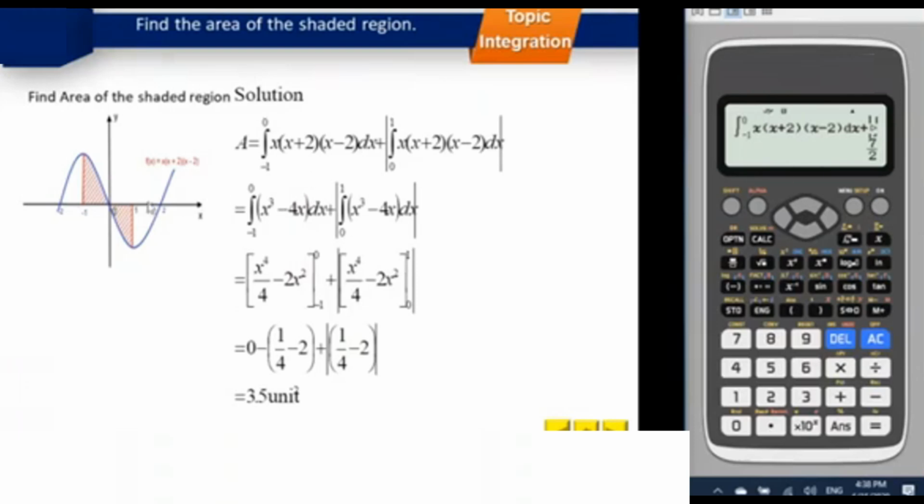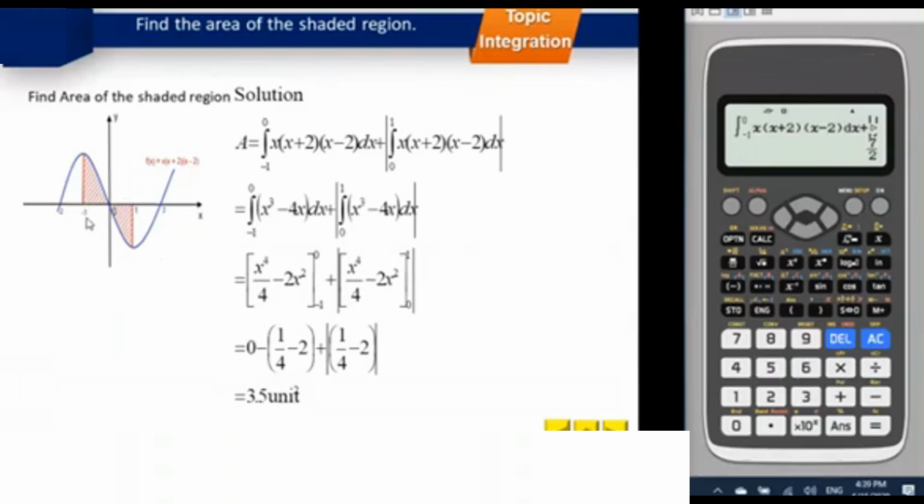I have written the equation 2 times because I have broken it into 2 parts. The first part is from minus 1 to 0. The second part is from 0 to 1. If the required area would have been above the x-axis, then there would have been no need to write it twice. There is a need to write it twice because once it is above the x-axis, second time it is below the x-axis.